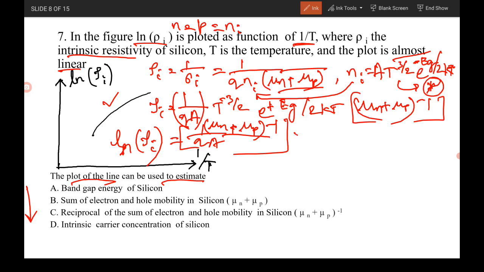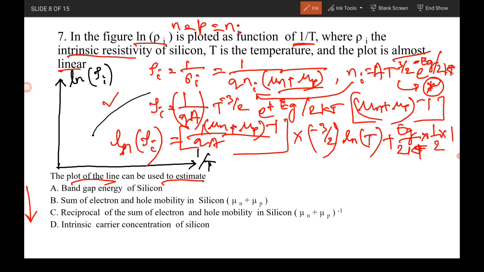It is minus 3 by 2 ln of T plus Eg divided by 2kT, times 1 by 2, and ln of e is 1. So this is the equation for ln of rho I.